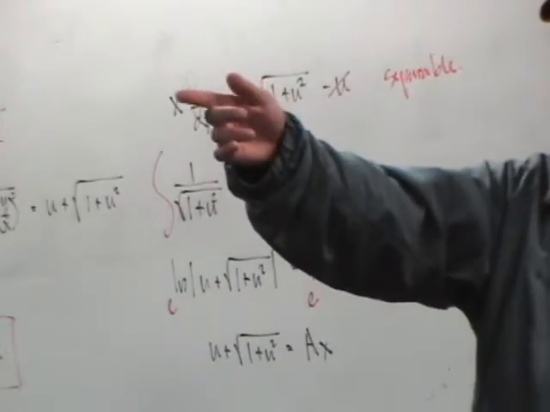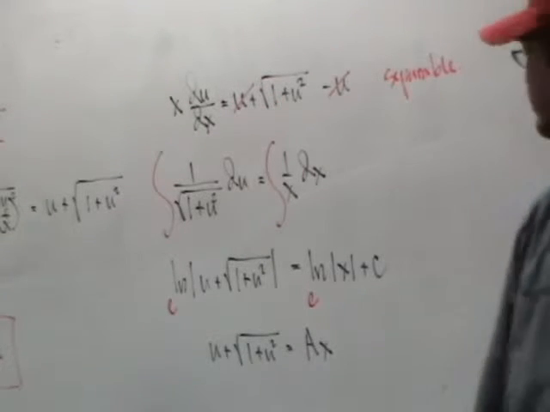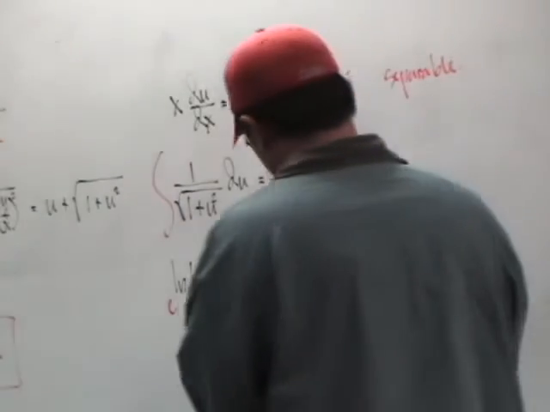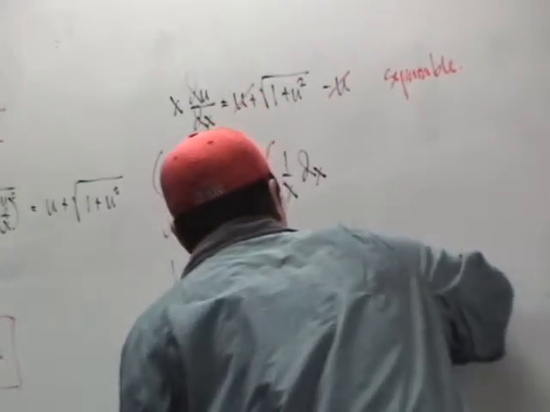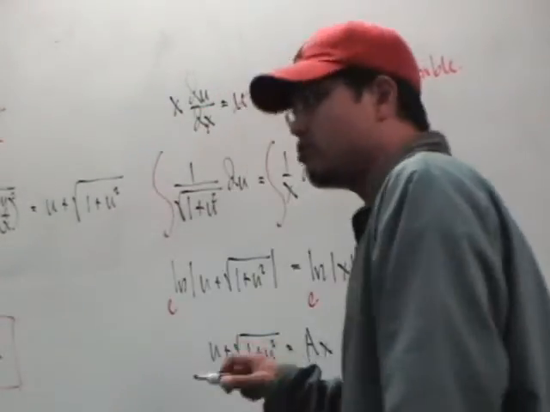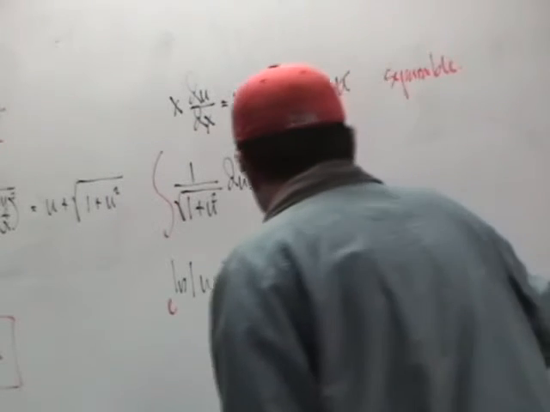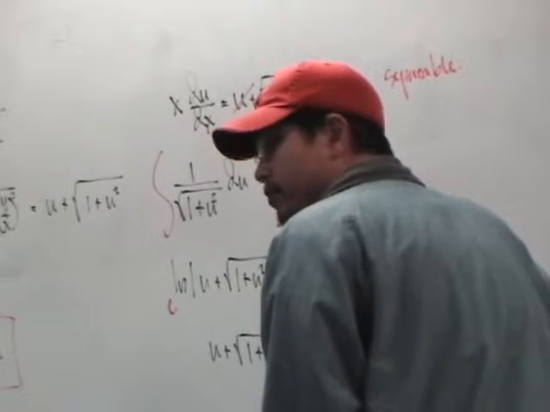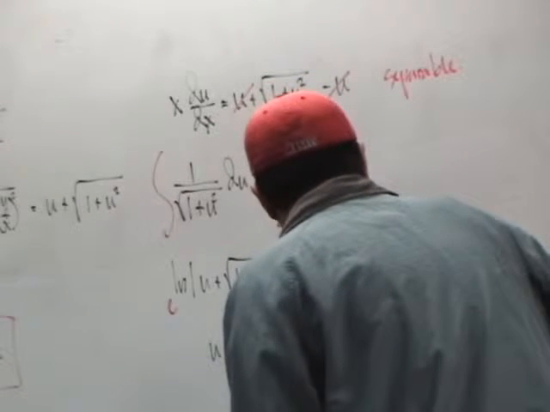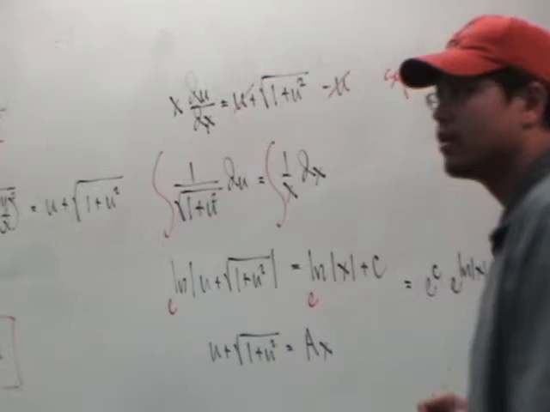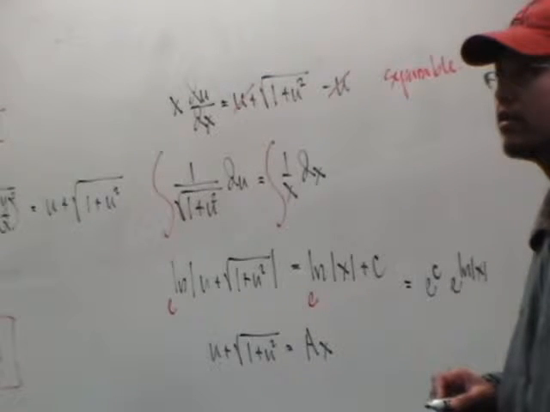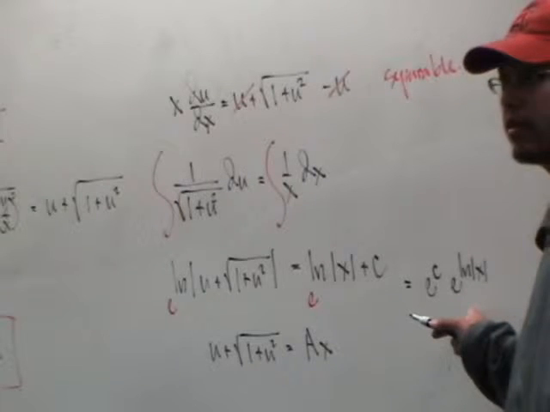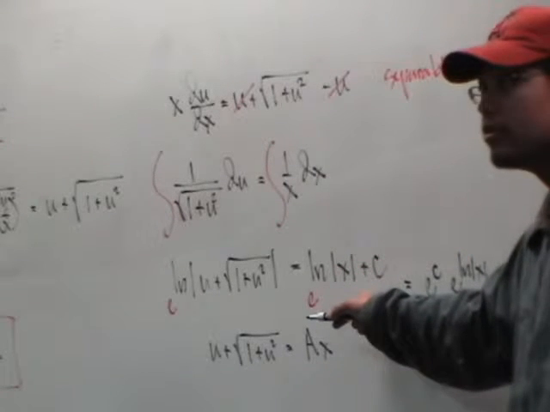So I get that e to the c is a constant, but why is it a times x? Because we've done this a lot of times, and we will continue to do this a lot of times. This will turn into e to the c times e to the log of x, using the law of exponents: when you multiply, you add.